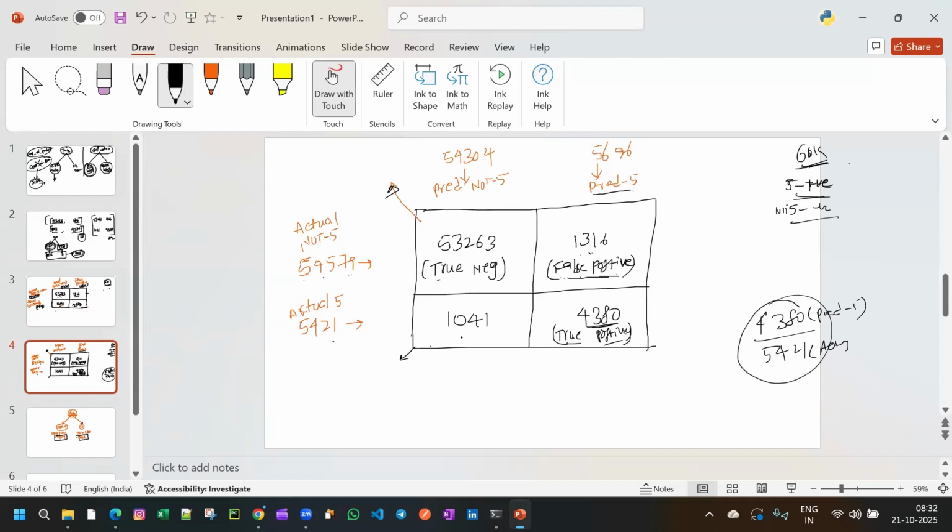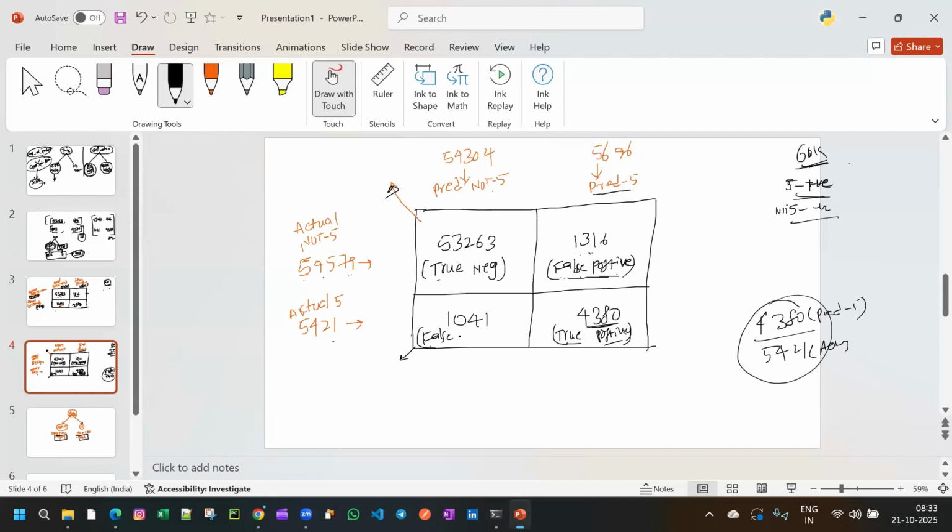And the remaining are false negatives. Out of these 5,421 images, my model by mistake wrongly predicted these 1,041 images, which are actually 5 digits, as not 5.